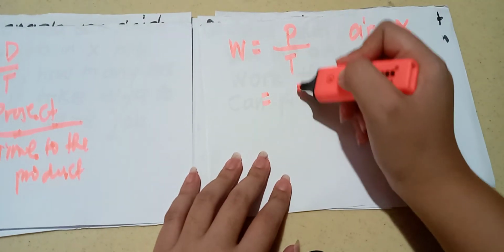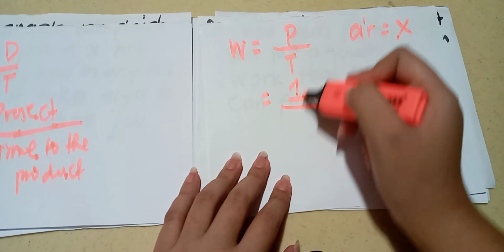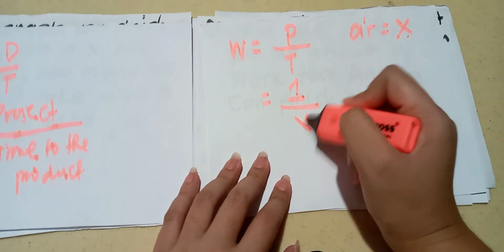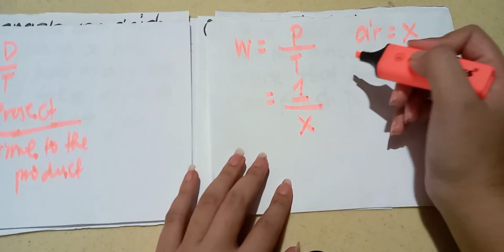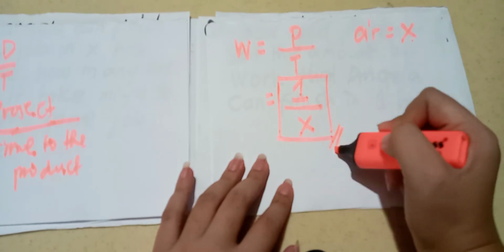So we have one project over the time to do the project, which is x. So we have Angela's work rate as 1 over x.